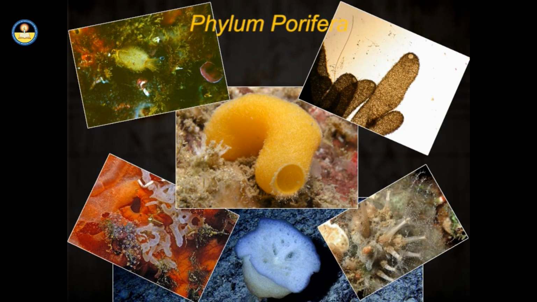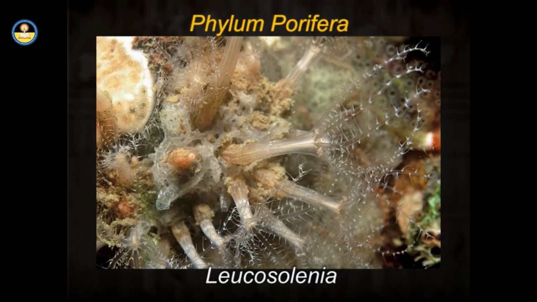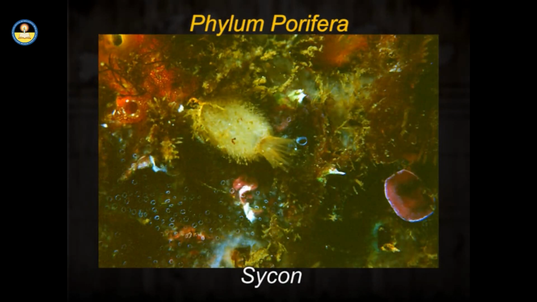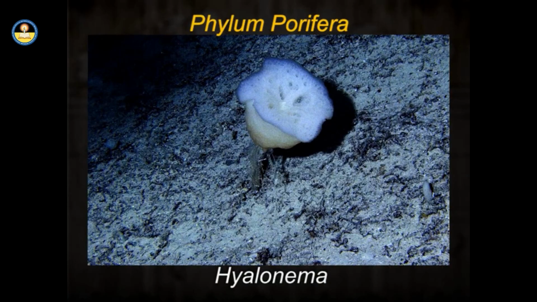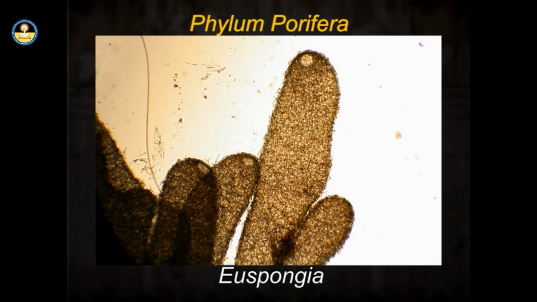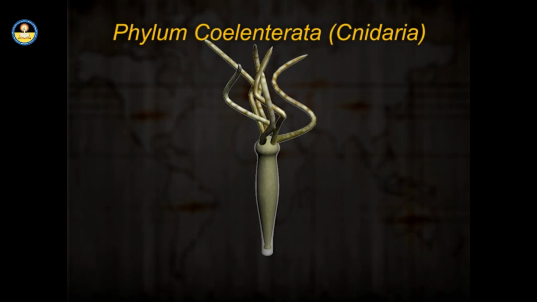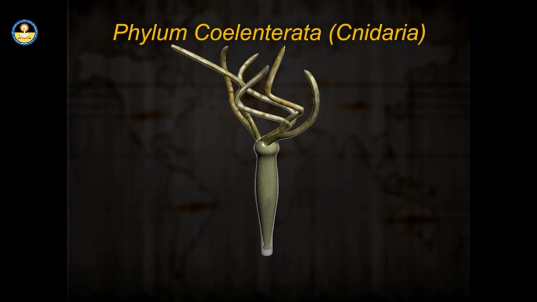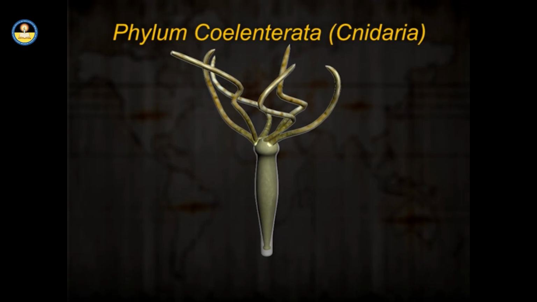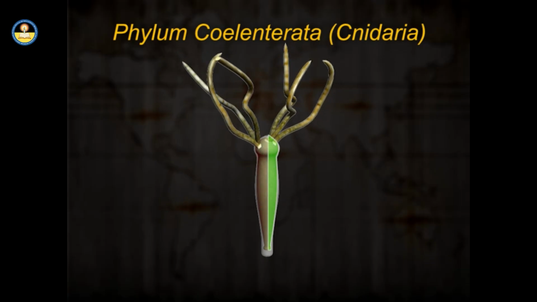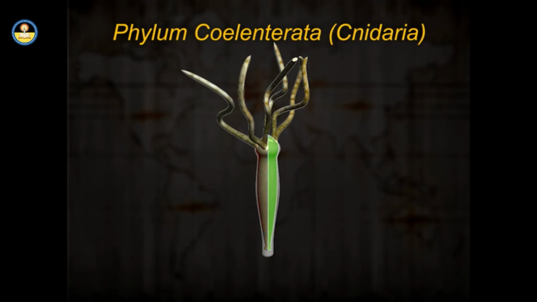Examples of poriferans are Leucosolenia, Sycon, Hyalonema, and Euspongia. Phylum Coelenterata, Cnidaria. These are aquatic animals having a radially symmetrical body.